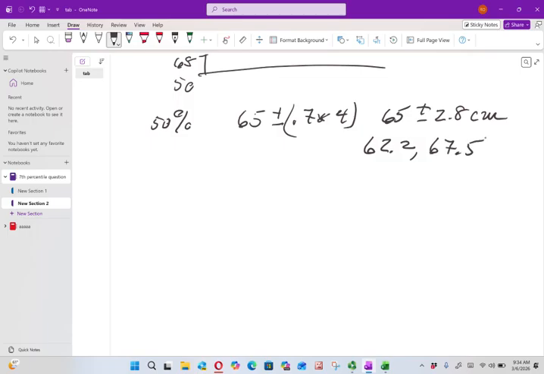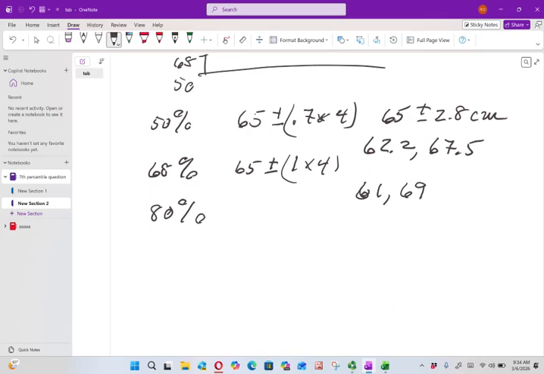That's in centimeters. The 68% bet is 65 plus and minus 1 standard error. This is pure empirical rule. 68% bet is 1 down, 1 up. 95% bet is 2 down, 2 up, times 4. This is 61 to 69.